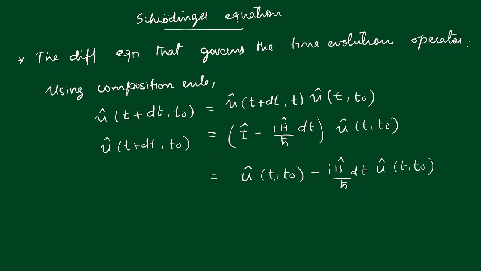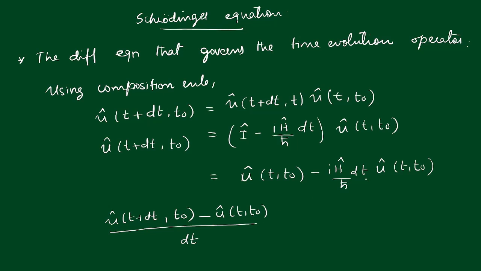Now if you bring this to this side, okay, you see that we just rearrange: U of t plus dt comma t0 minus U of t comma t0, right, divided by dt. Is that correct? What we did here is take this to this side. So U of t plus dt comma t0 minus U of t comma t0, okay.